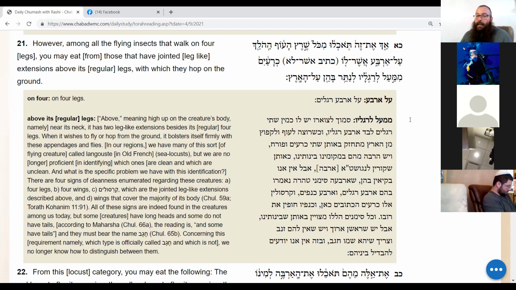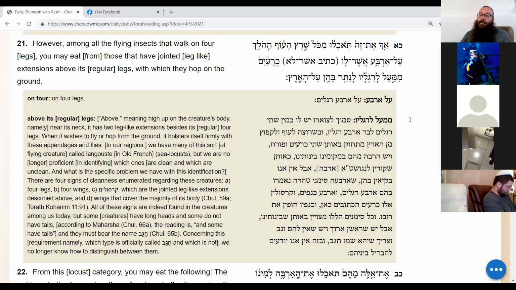Besides its regular legs, it has these two feet that help it hop. Lenater bahen al ha'aretz, with which they hop on the ground. So if it has the four feet, and it has these two special feet that are jumping, Rashi says, where are these two feet on its body? It's next to its neck. And when it wants to jump, it uses these two feet, boom, and it jumps.